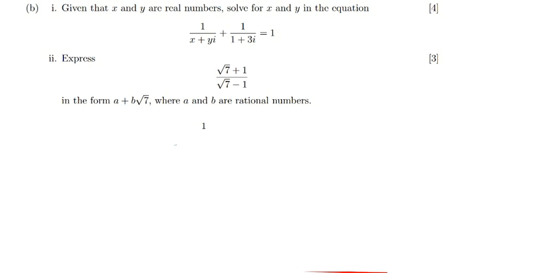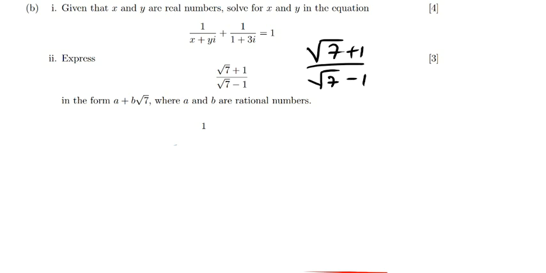Okay, so in this case, I just need to get the conjugate of the denominator. So I'll rewrite this: the square root of 7 plus 1 divided by the square root of 7 minus 1.